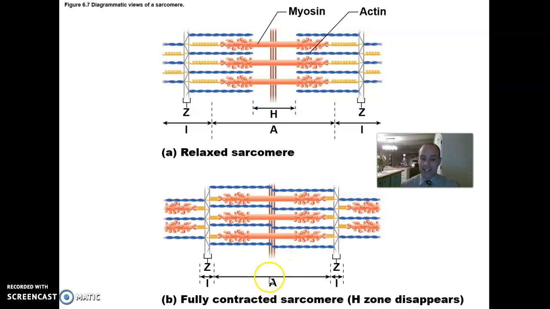Look down here, it's not present. There is no H zone. The Z zones are closer, and you see here that the actins are almost on top of one another because, like the previous slide states, they slide toward one another when being contracted.